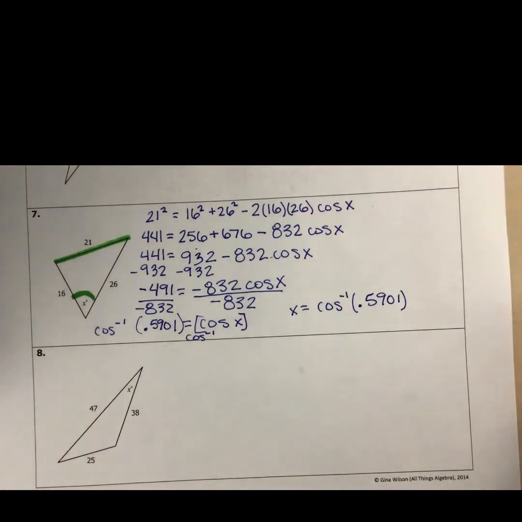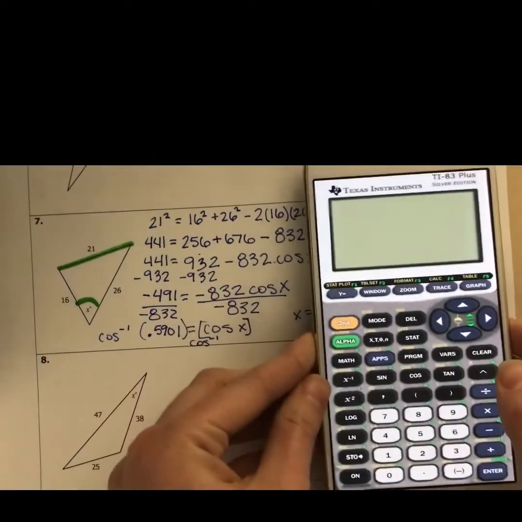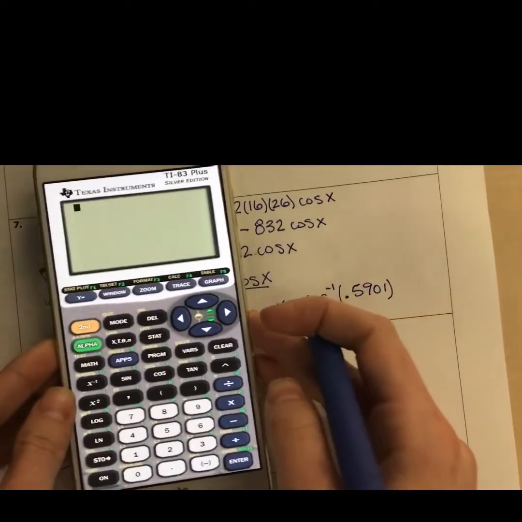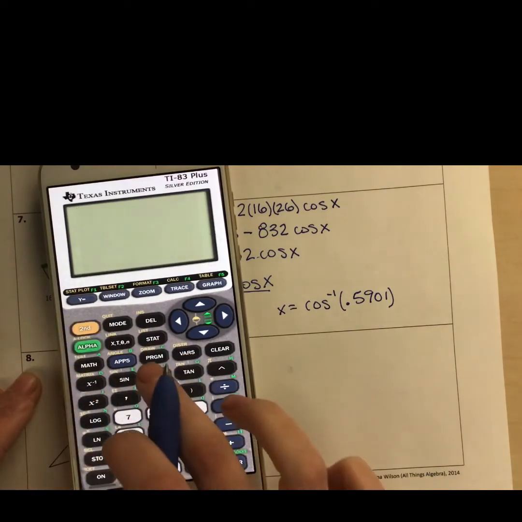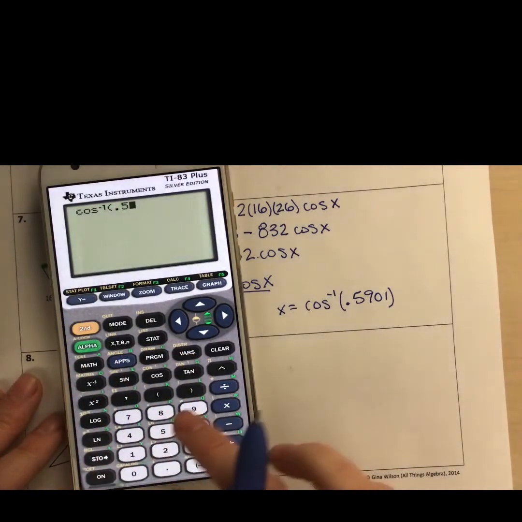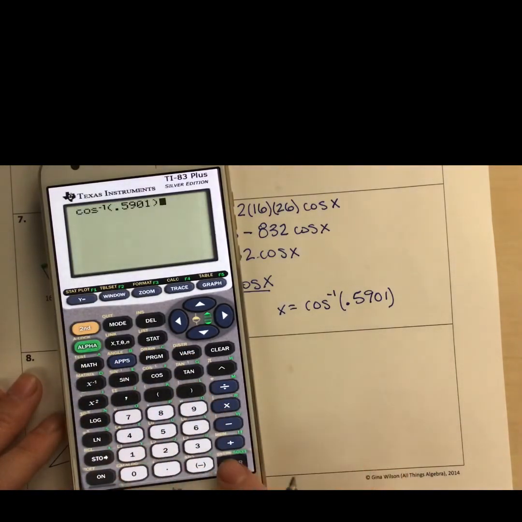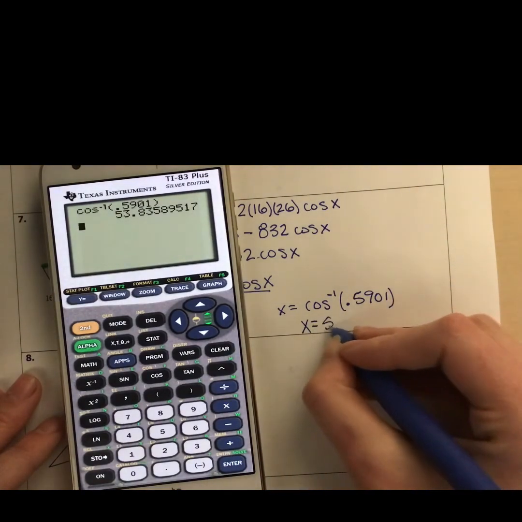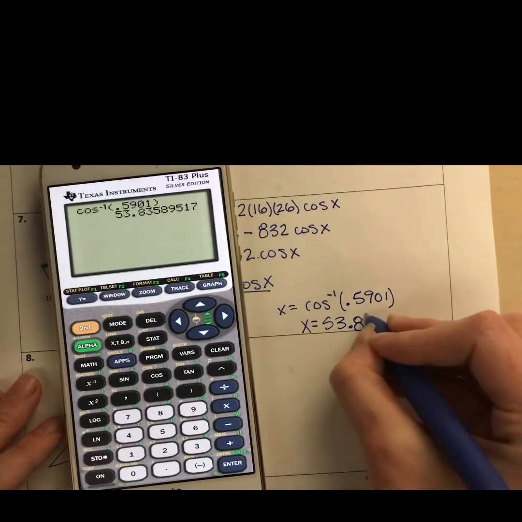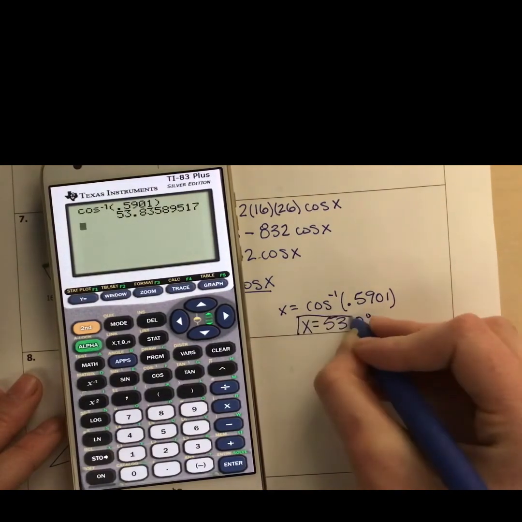And when I use that in my calculator, again, here we are going to do second inverse of cosine, 0.5901. And we get that X should equal 53.8 degrees.